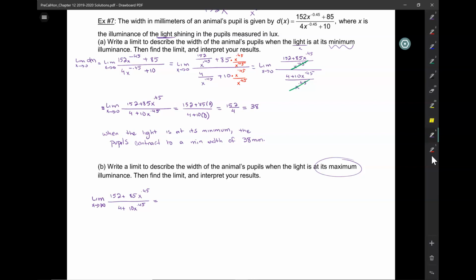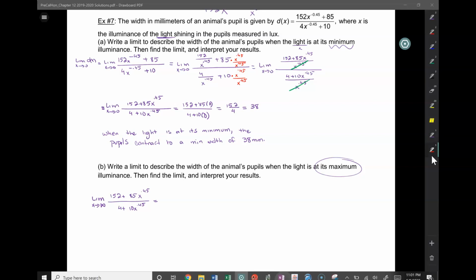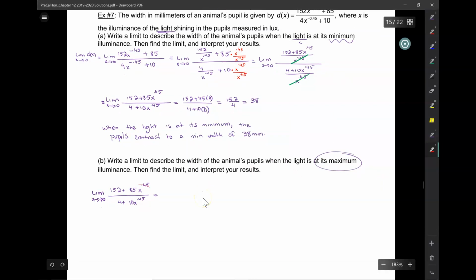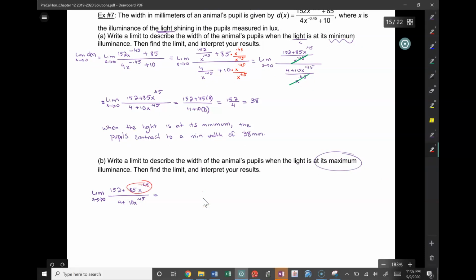And so now, if it's the limit as x approaches infinity, all I have to do is look at the term with the highest exponent, right? Well, in this case, it's x to the 0.45, right? So I just take this over this.